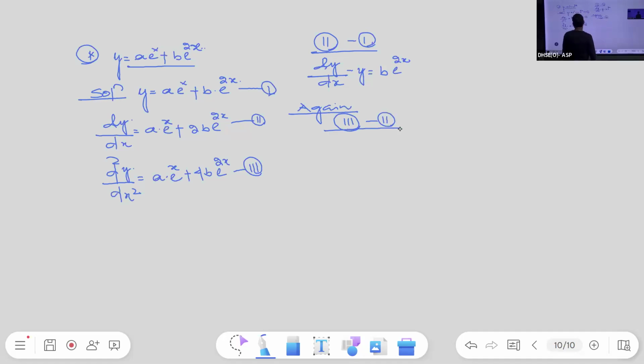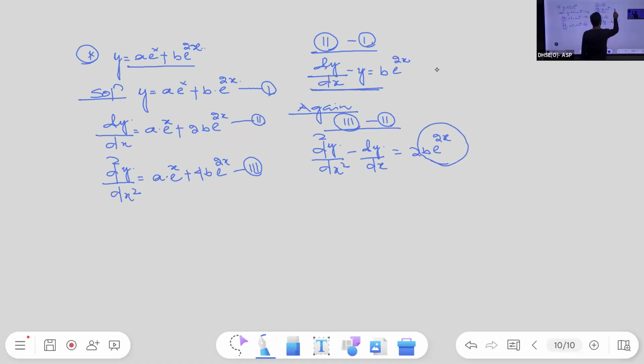That will give you d square y upon dx square minus dy upon dx equals a e raised to the power x minus a e raised to the power x cancels, 4b e raised to the power 2x minus 2b e raised to the power 2x. Now in place of b e raised to the power 2x, we can substitute dy upon dx minus y. This is equation 4 and this is equation 5.